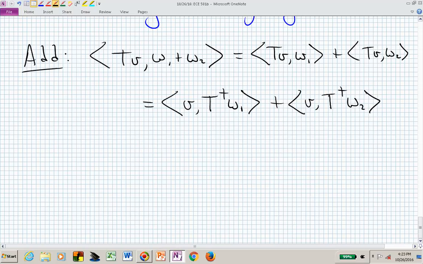But now let's go back and utilize the additivity of the second slot, which allows us to say V inner product with T dagger W1 plus T dagger W2.